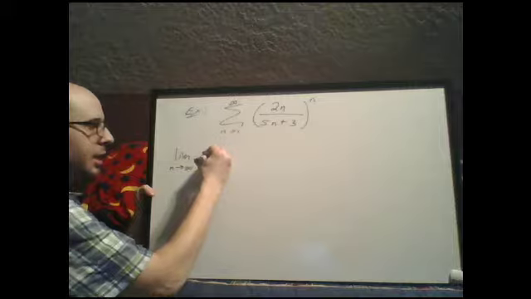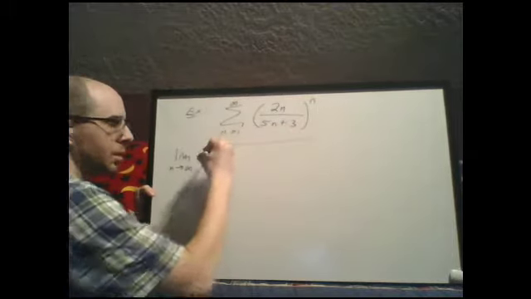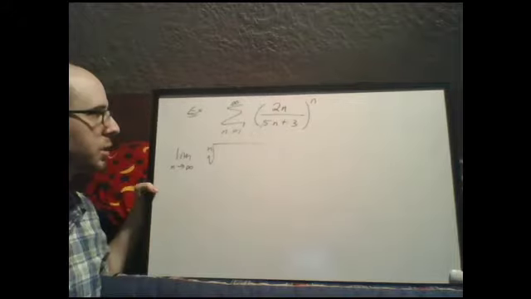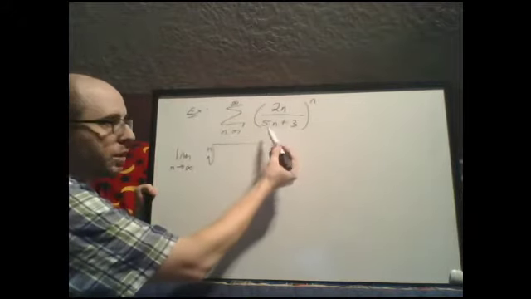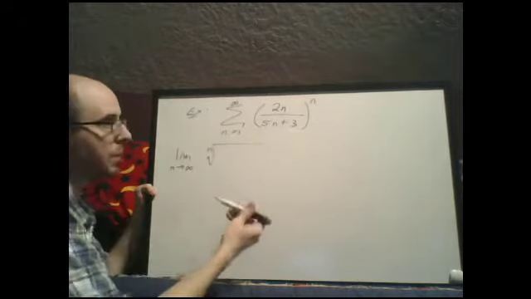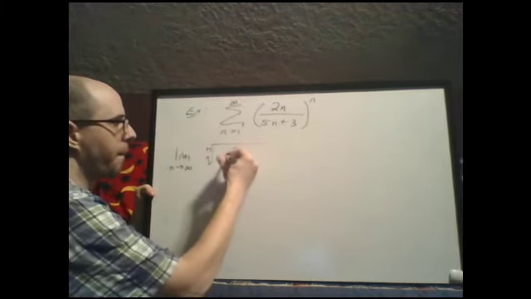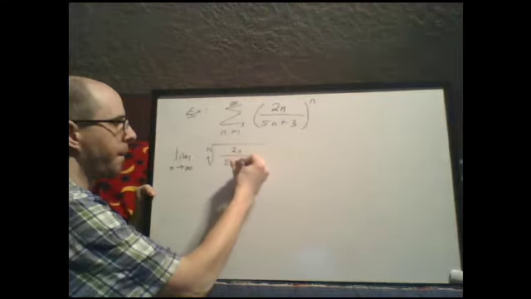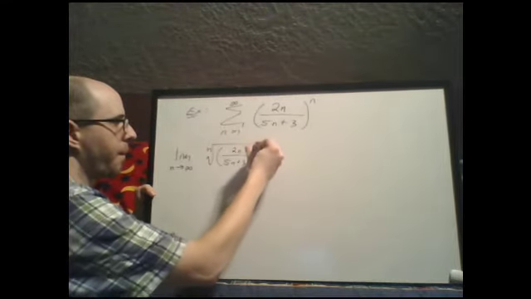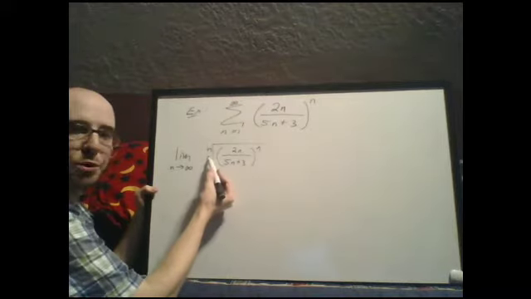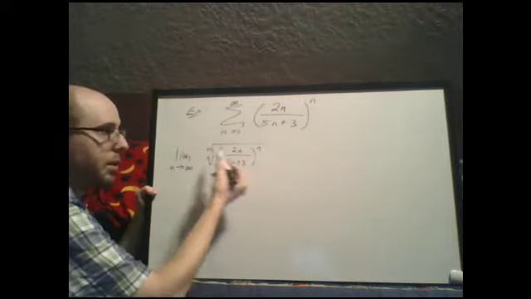I would need to take the nth root of the absolute value of this. This is positive, so I don't need to worry about absolute value. Nth root of an nth power, those cancel.